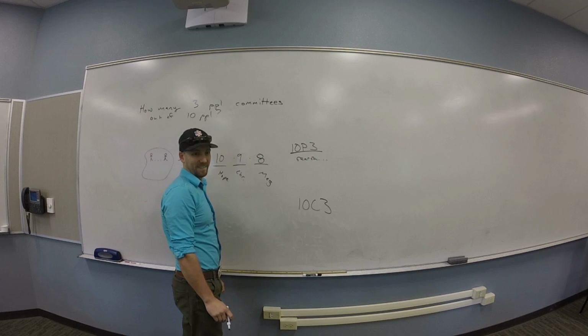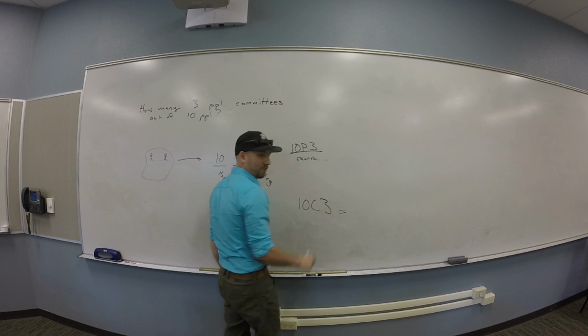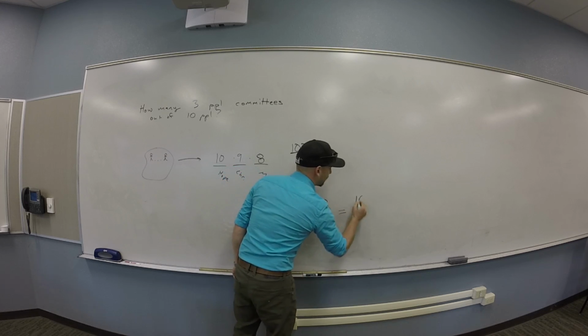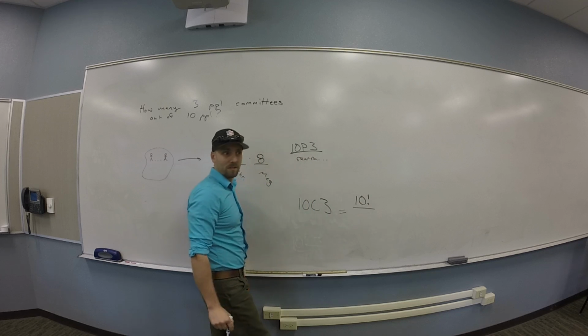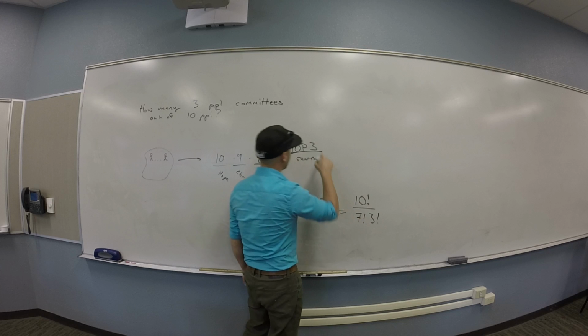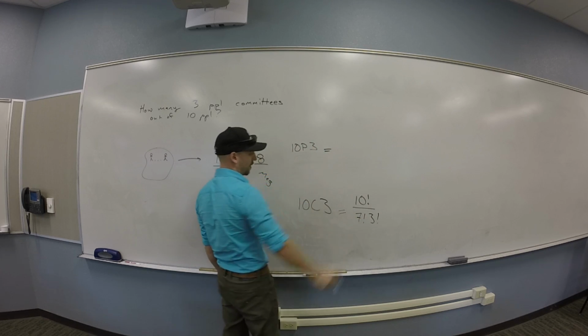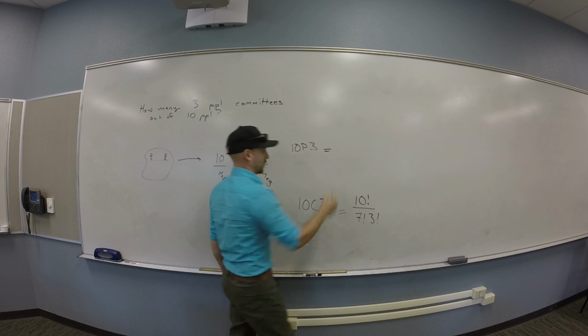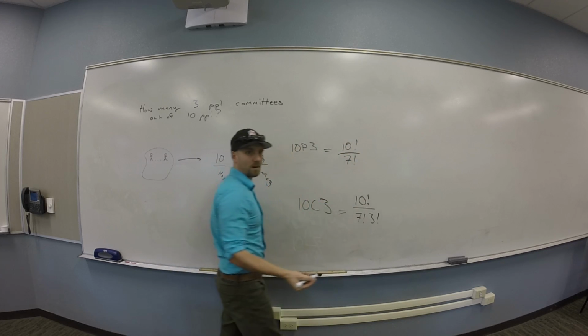Divide by 3 factorial. Yeah, so 10 choose 3 is 10 factorial divided by 7 factorial times 3 factorial. Okay, good. So what was 10 permuted 3 ways? That's 10 factorial divided by 7 factorial. Perfect. You guys see that?